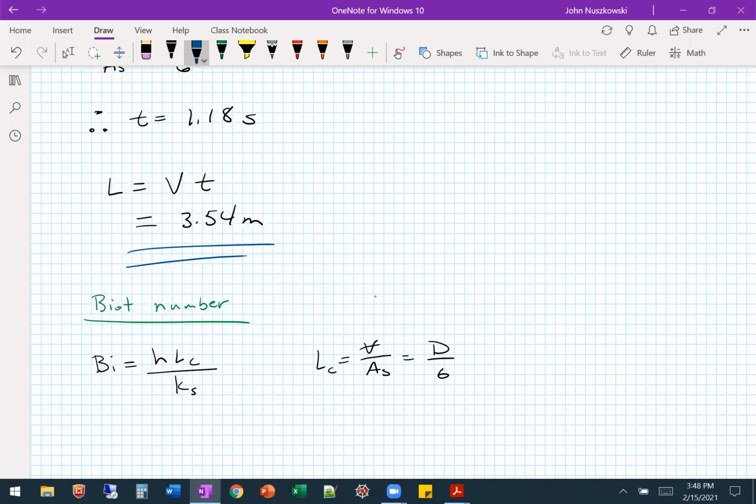Okay, so we have that. We have thermal conductivity of the solid, which is the coal. So we need the convection coefficient, right? But we said there is no convection, right? Just radiation.